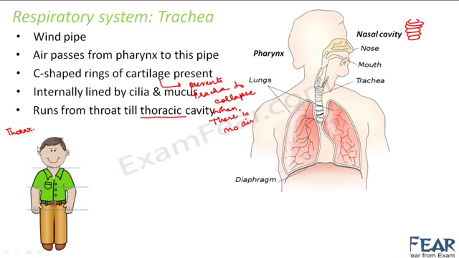Now let us suppose this is a human being, we divide the body into different parts. The upper part is called the head. The next part is known as the thorax. And the third part is known as the abdomen. So broadly, the body of a human being is divided into these three divisions: head, thorax and abdomen.